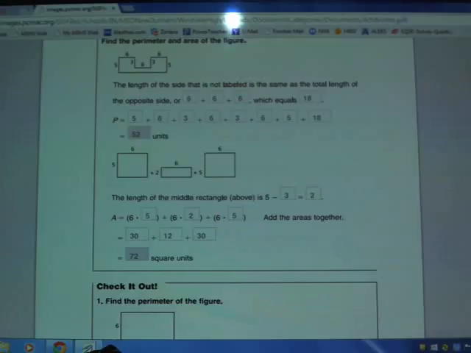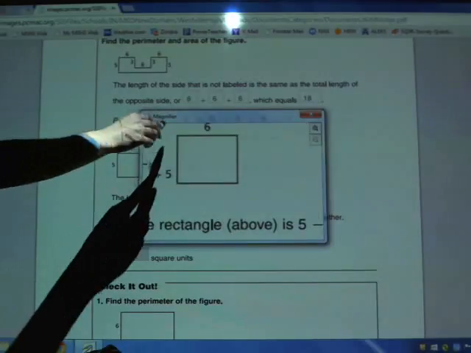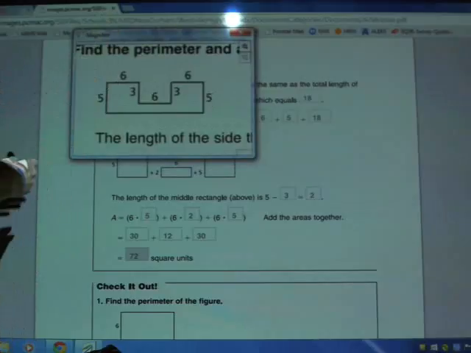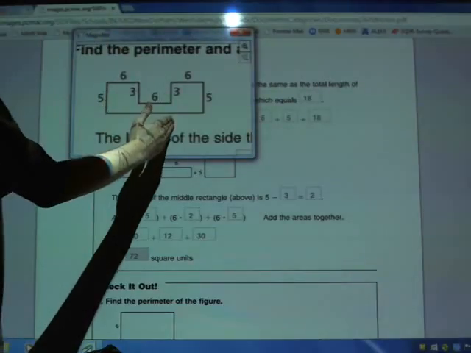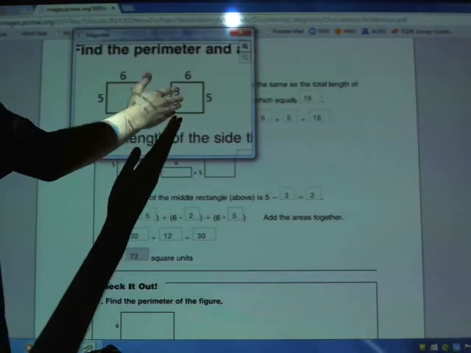And that's our perimeter. Now, as far as the area, you've got some options. What they've done for the area is divide this into 3 pieces. They cut the shape up. If I bring my magnifier back here, we'll take a look at this. We can chop this up by putting some lines here, and this will form 3 rectangles.